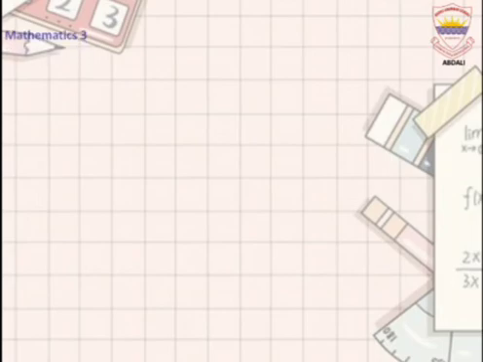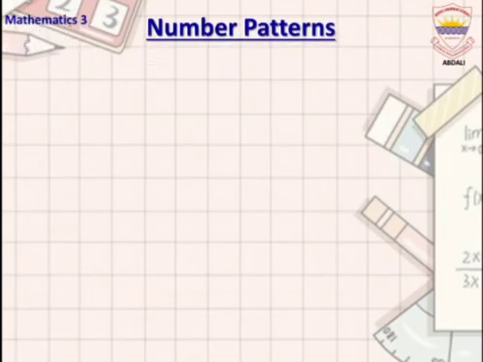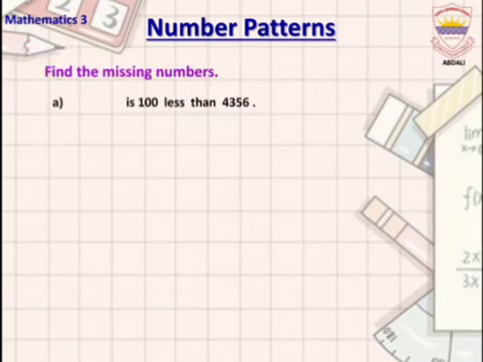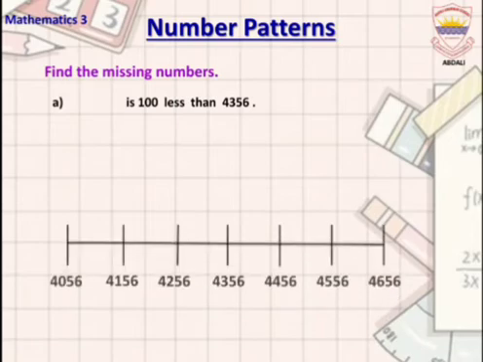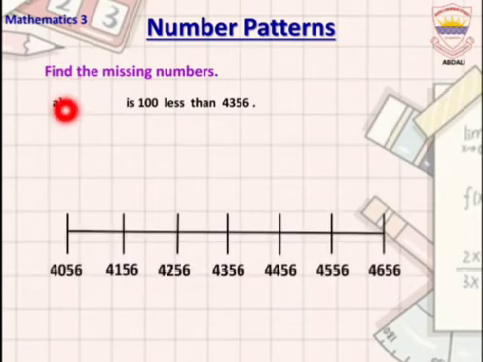Now students, let's start to solve our question, number pattern by a number line. Find the missing numbers. Our question is 100 less than 4356. First of all, we draw a number line. We start our number line with 4056.